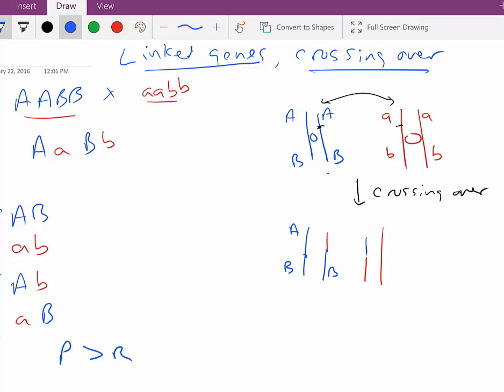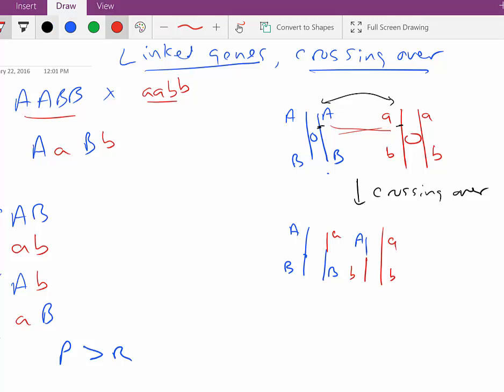It'll be the same spot. So we often draw that as an X, like we say we had a crossover right there, and that leads to this. And so when that happens, this big A moved over there, and this little a moved over here. This one is still the same, like that.